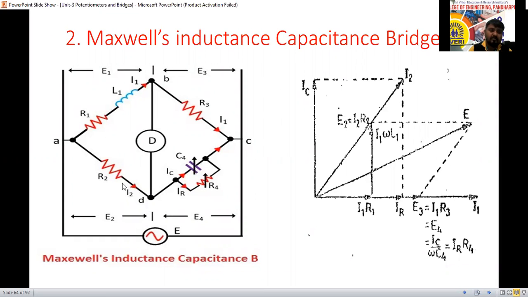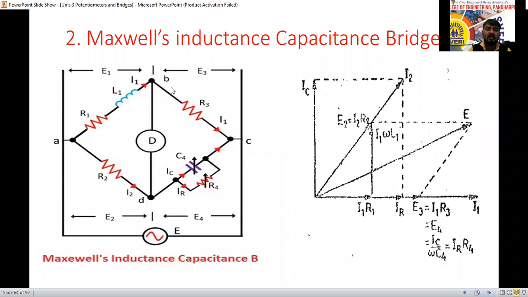R2 R3 are the same, but R4 is changed. Z4 is changed. They have used a parallel connection of resistance and capacitance. C4 and R4 are both connected in parallel at the CD branch.